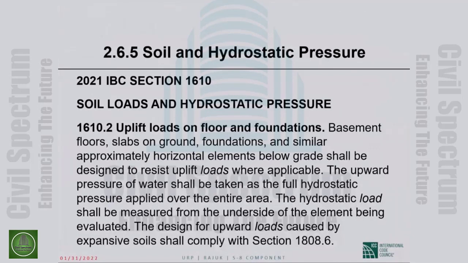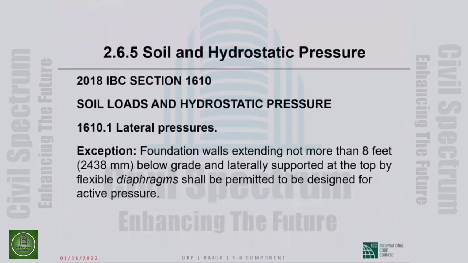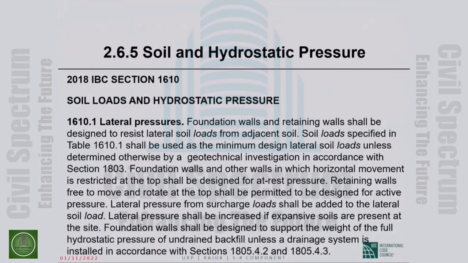Now, I want to mention to you. Sure. So I think this is probably necessary to read to understand IBC. Foundation walls and retaining walls shall be designed to resist lateral soil loads from adjacent soil.